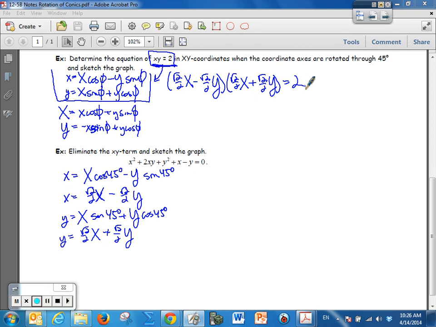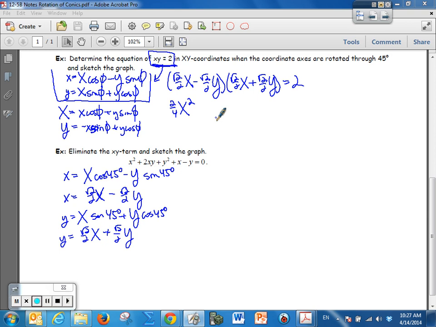So let's do that. Root 2 over 2 times root 2 over 2 is what, 2/4. I'm just going to leave the fourth there. We talked about that last time. If you start simplifying, it's probably just going to make your life harder. So just leave the 4 there and we'll fix it up later. The nice thing about this one, look, it's outside inside. What's going to happen to outside inside?